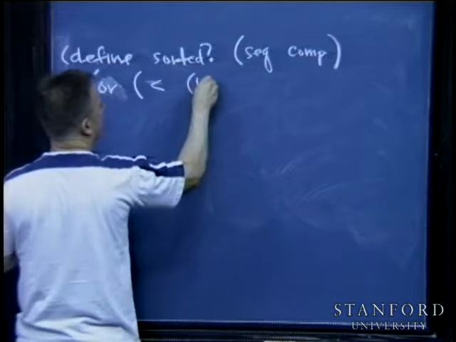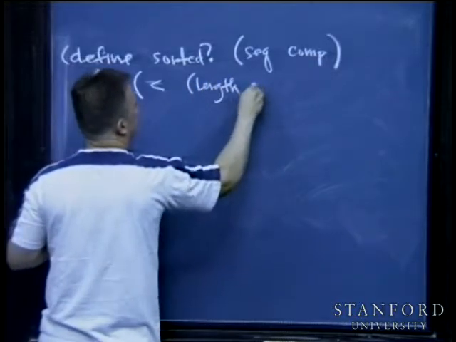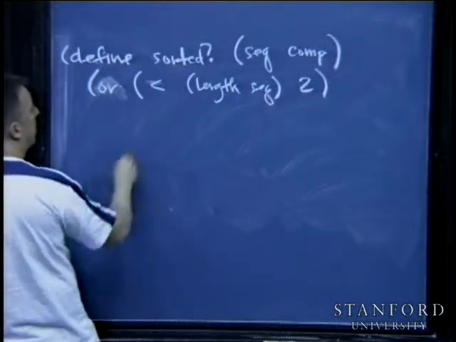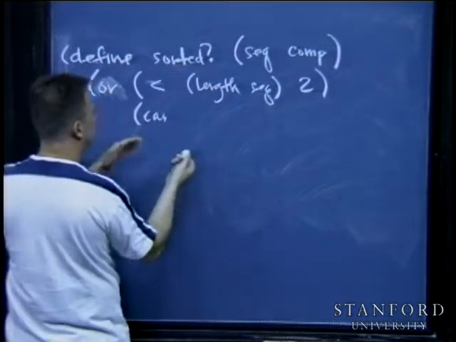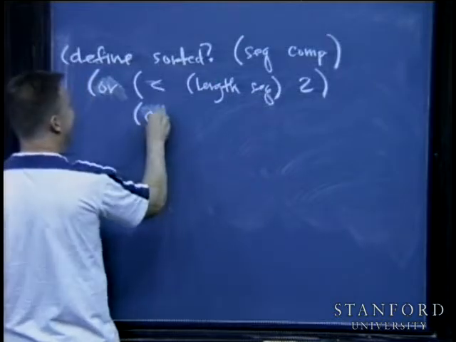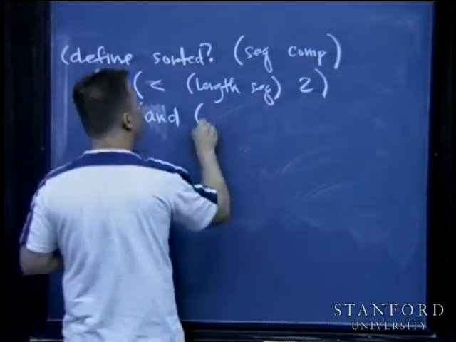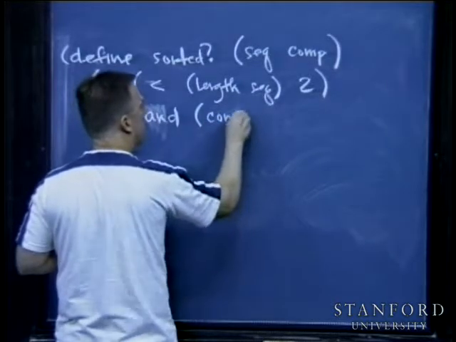less than length of sequence of 2, and what's with the C? Sorry, it's car and cooter. And I want to put COMP right here.